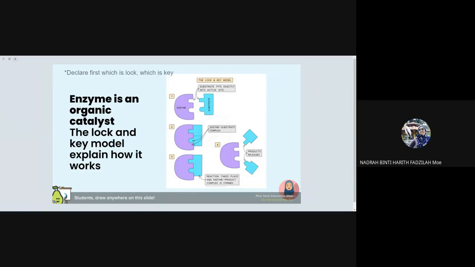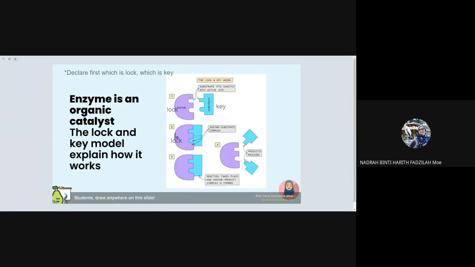So which one? Is it the blue one or the purple one yang jadi lock dan siapa yang jadi key? Boleh label tak siapa lock, siapa key? Alright. Yes, the enzyme is the lock, the substrate is the key. So kita sentiasa declare macam tu ya.